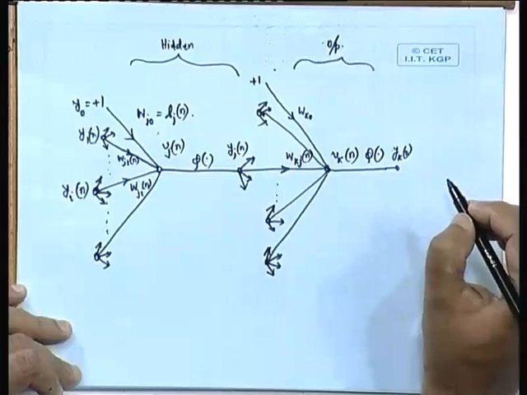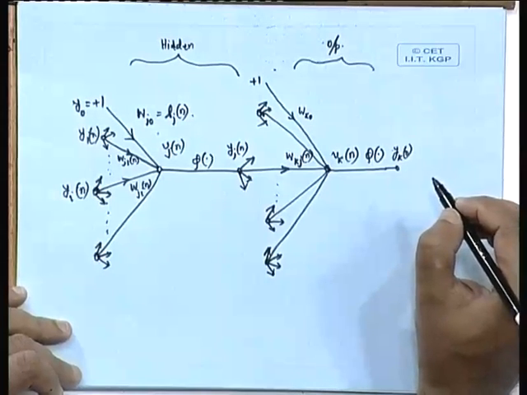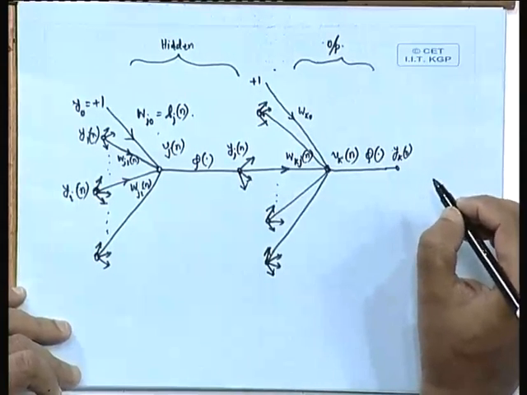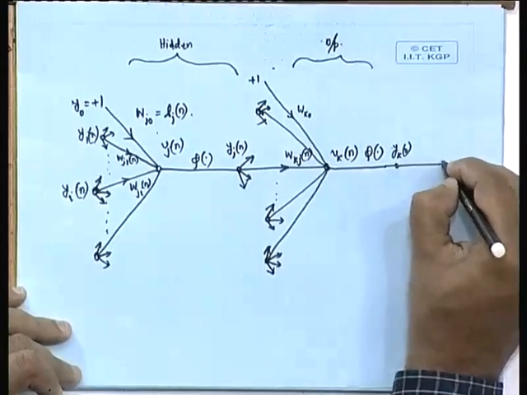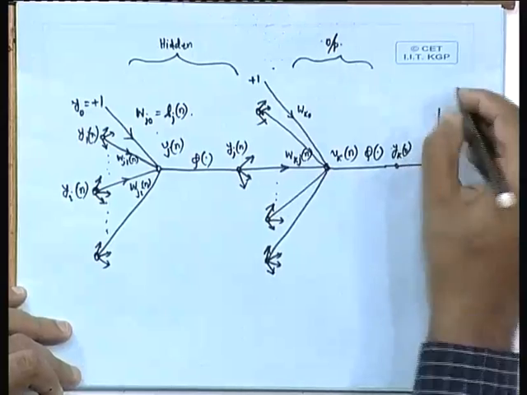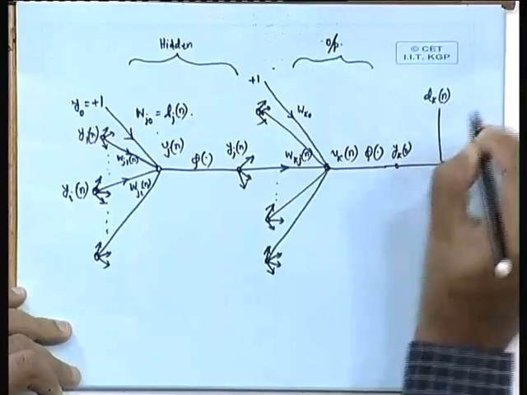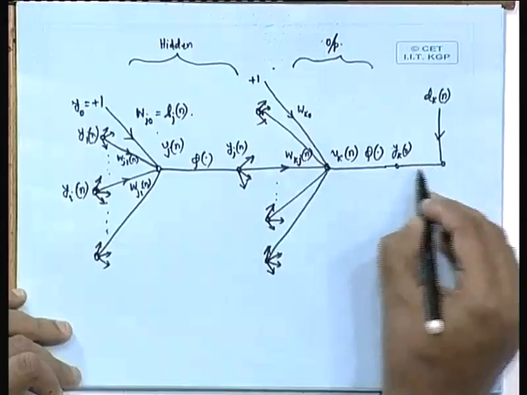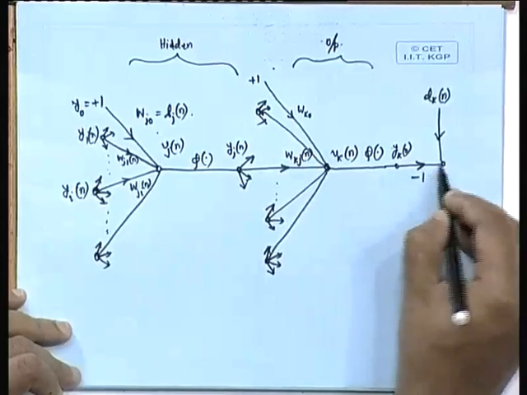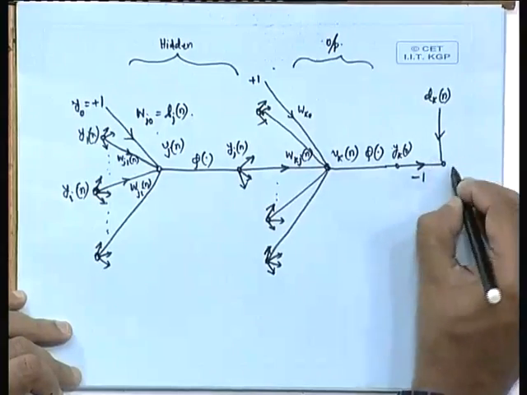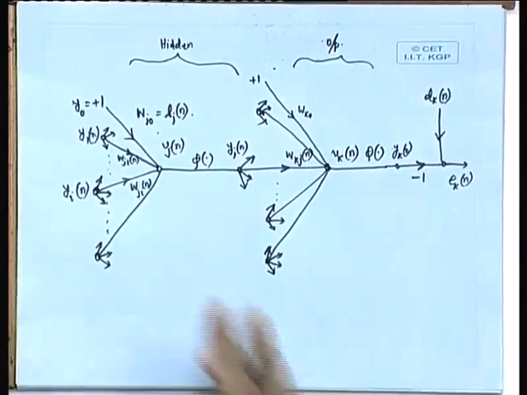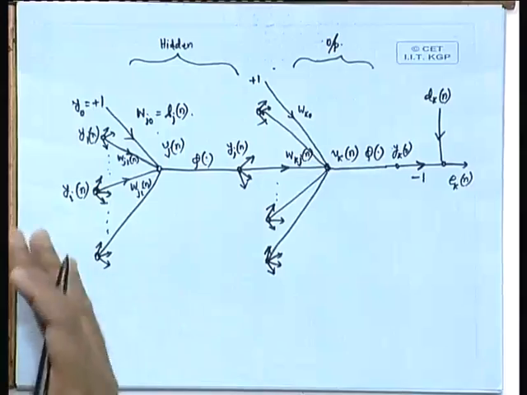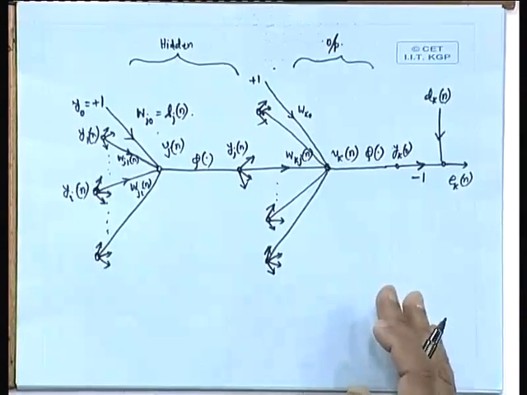Yk of n will be the actual output at the neuron K in the output, and likewise there will be a desired output which will be dk at iteration n. So, dk of n will come here and Yk of n will also come with a minus sign. So, dk minus Yk will give rise to our Ek of n. This will complete the whole signal flow graph.